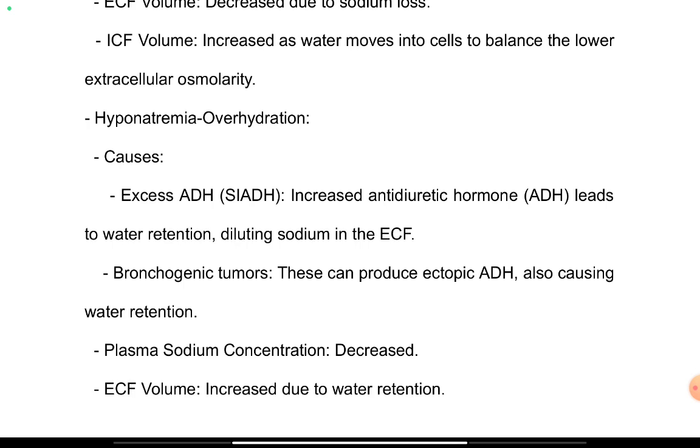So in a situation when we have a syndrome of inappropriate secretion of antidiuretic hormone, which could be due to a patient that has a tumor of the lung, or an intracranial infection, or pulmonary disease, some will say pneumonia.